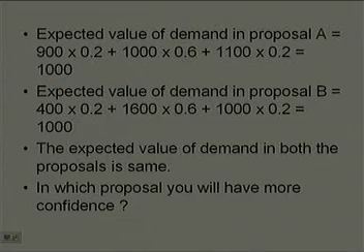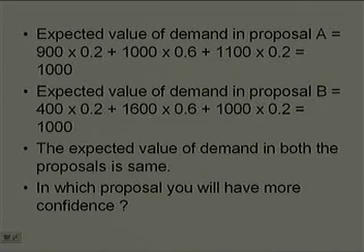So what you find is that if you apply this particular formula, you can calculate the expected value of demand in proposal A. You can see it has been calculated as 900 multiplied by 0.2 plus 1000 multiplied by 0.6 plus 1100 multiplied by 0.2, which is equal to 1000.